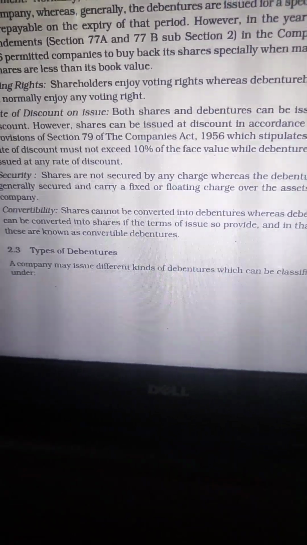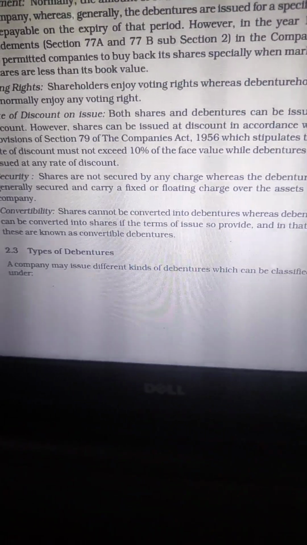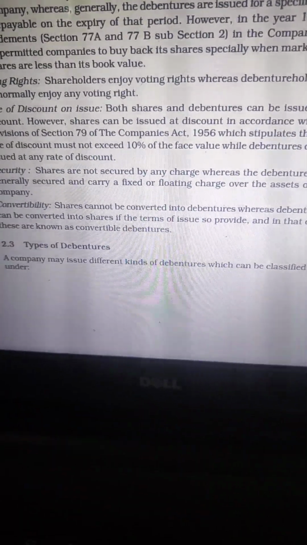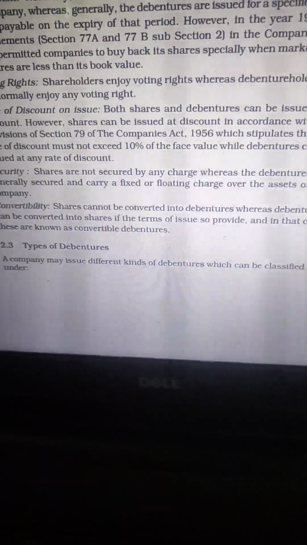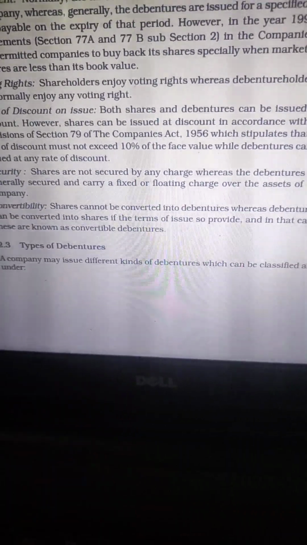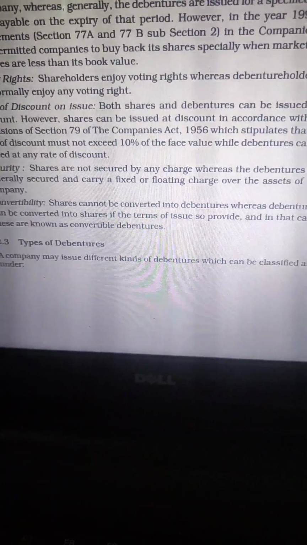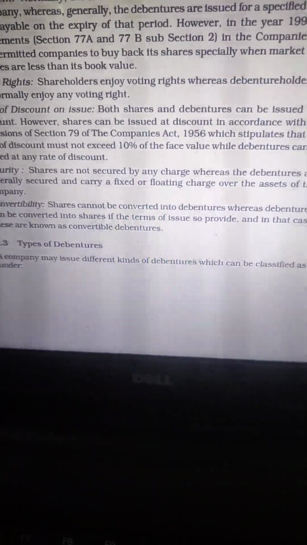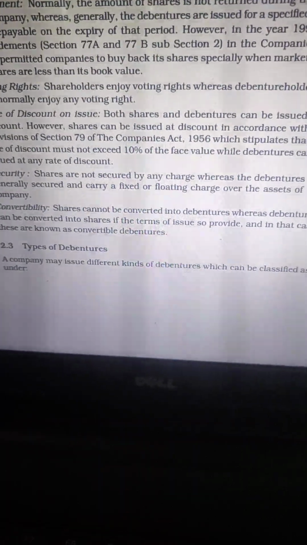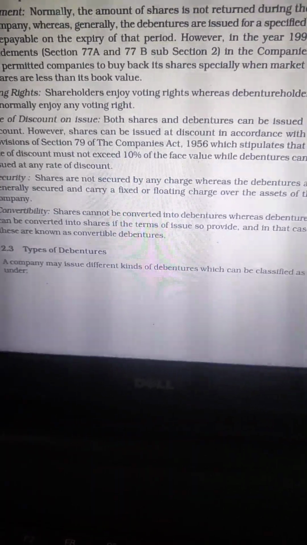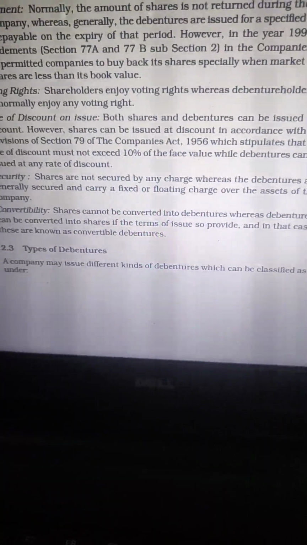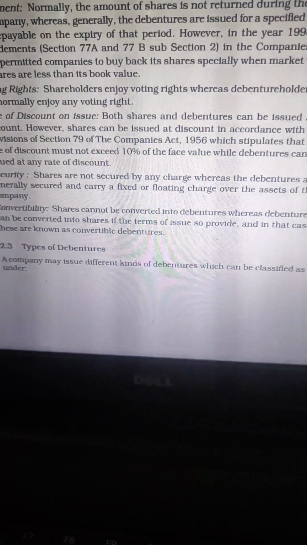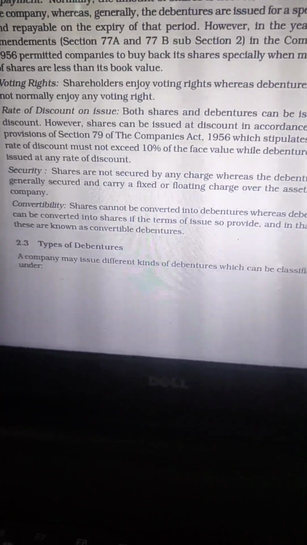However, in the year 1998, the amendments, meaning changes in the law, according to section 77A and 77B subsection 2 of the Companies Act 1956, permitted companies to buy back their shares, especially when the market value of shares is less than their book value. The amount of shares is returned if the market value of the shares is less than the book value.